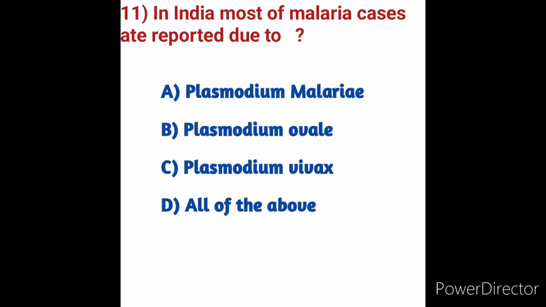So, in India, most malaria cases are reported due to Plasmodium vivax. So here in these options, option C is the correct answer. Next we will move on to question number 12.